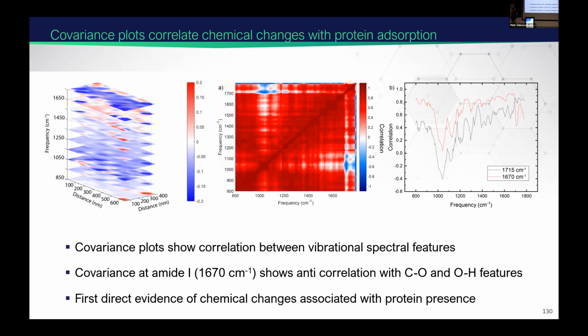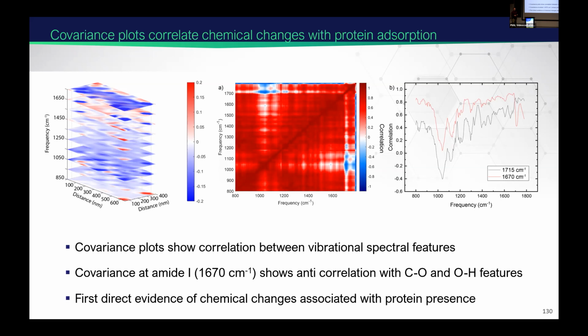And then there's also the decrease in the CO and the OH, which are these blue slices here. And what we can further do is a covariance calculation.